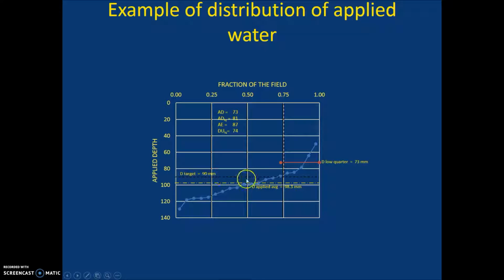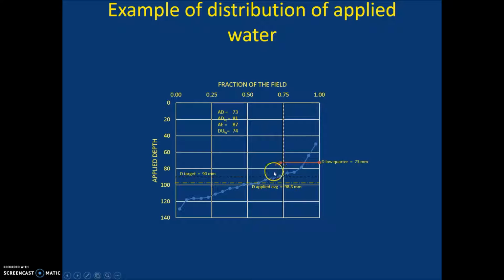This horizontal line is the target depth, which means the amount of water that we require to apply. This is the average applied depth, 98. And this red line is the mean depth of the low quarter. For this case, the distribution uniformity of the low quarter is 74.